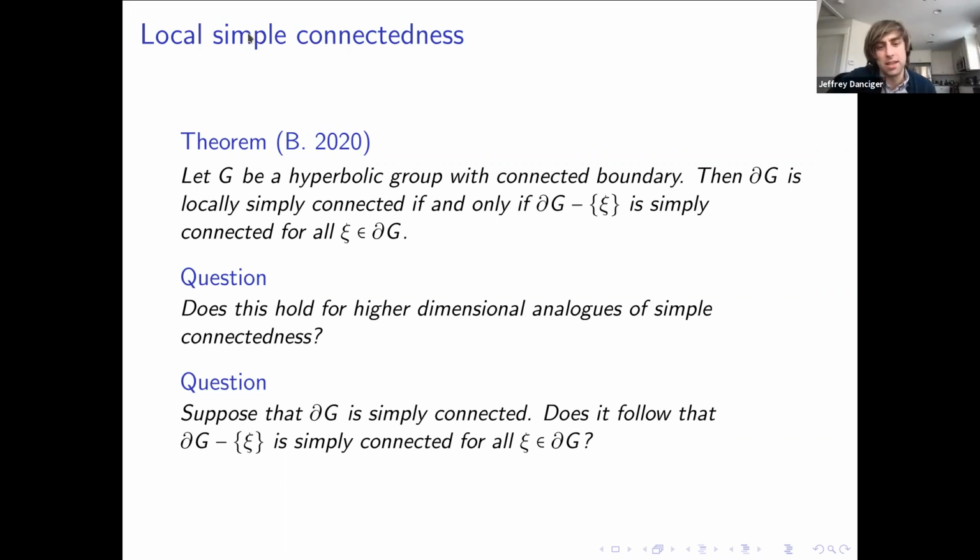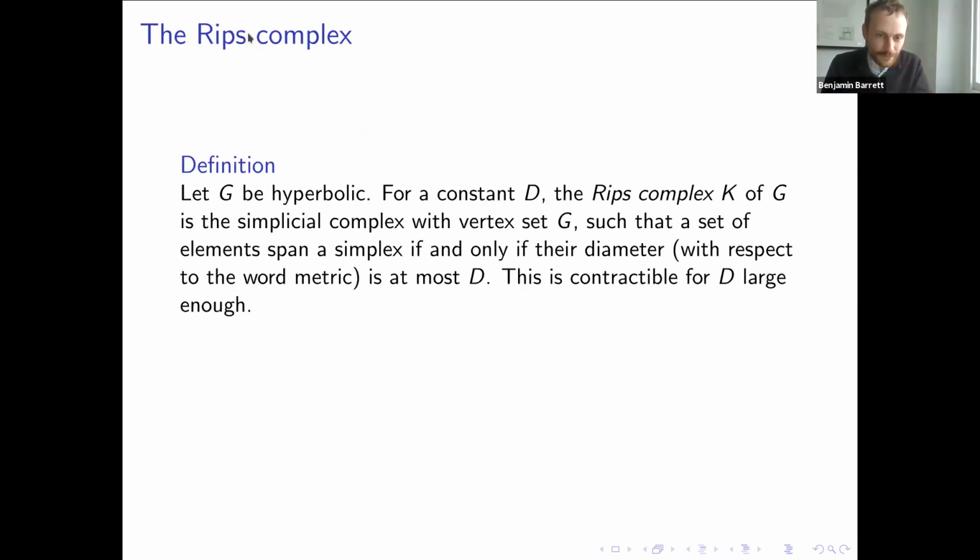Okay, so I'll say something not too complicated about a bit of the proof. The proof uses a simplicial complex you can associate to the group called the Rips complex. For a given constant d, its vertex set is just the group, and a finite subset of the group spans a simplex if and only if the diameter of that subset is at most d with respect to the word metric.